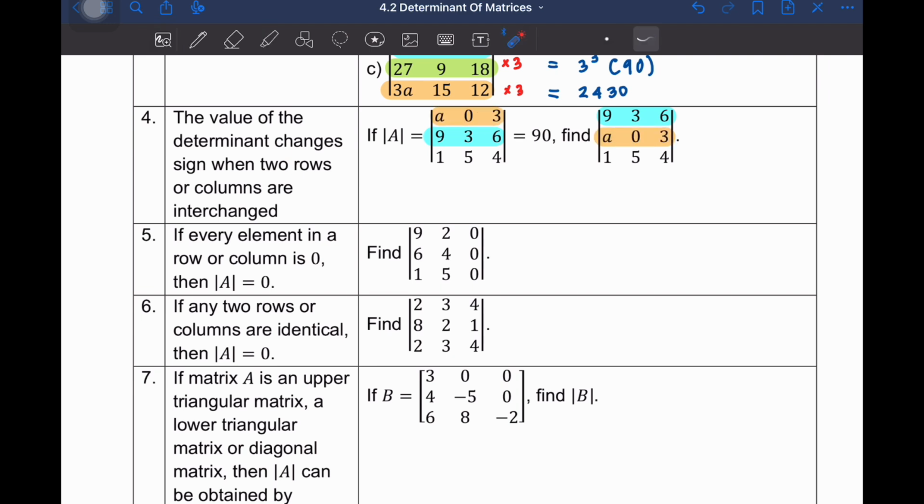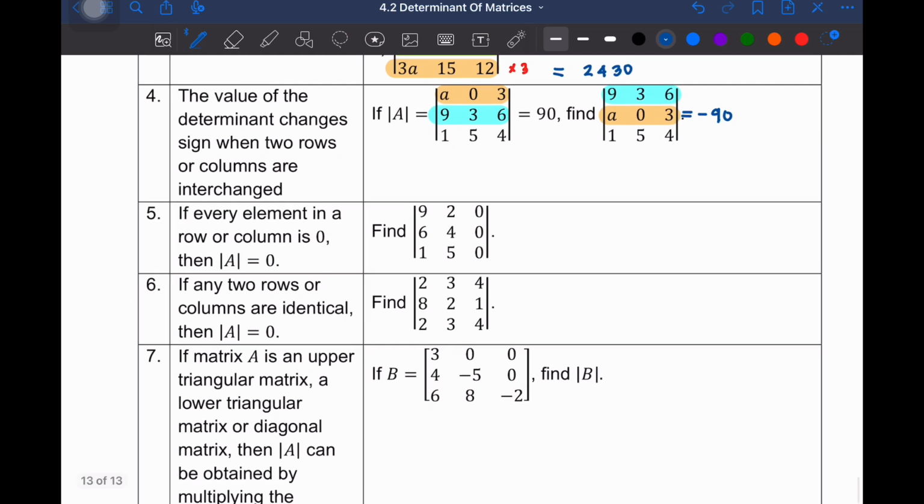So, yang kekal hanyalah yang ini sahaja. Okay, so kita nampak dekat sini 2 rows being interchanged. So, how do we find the determinant? Sama sahaja dengan negative 90. Just put negative dekat depan.